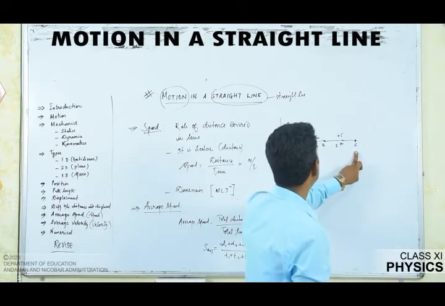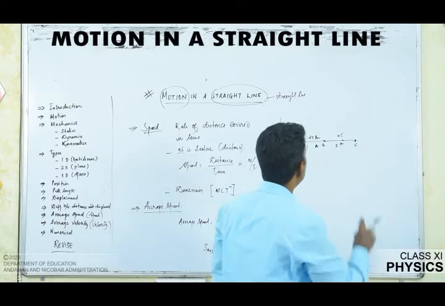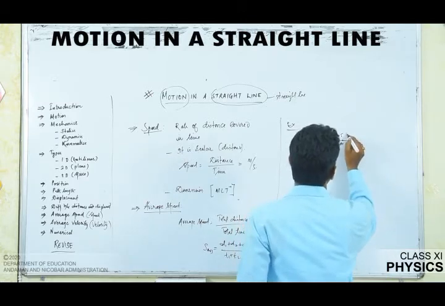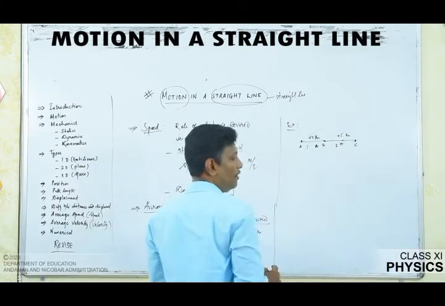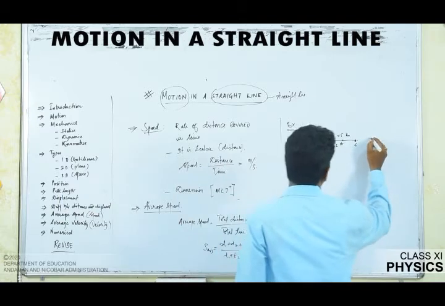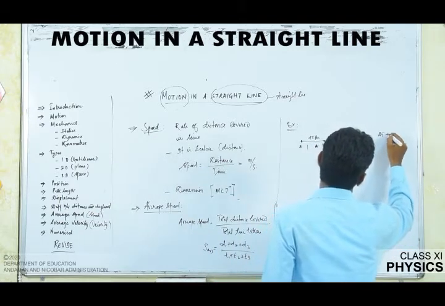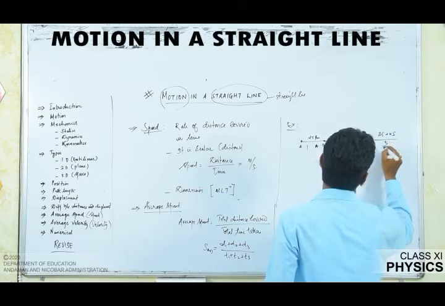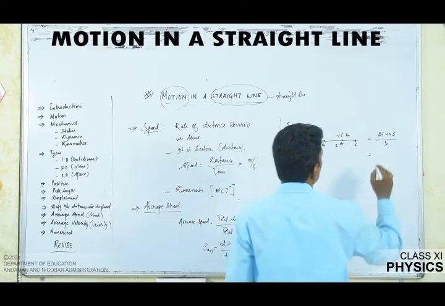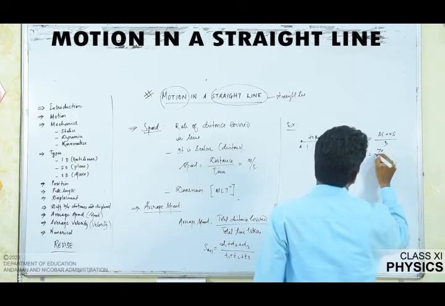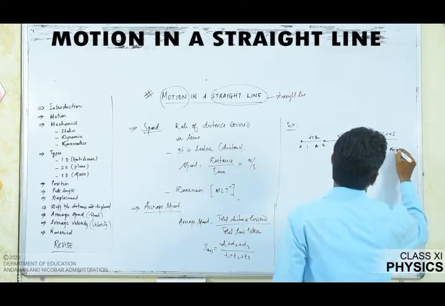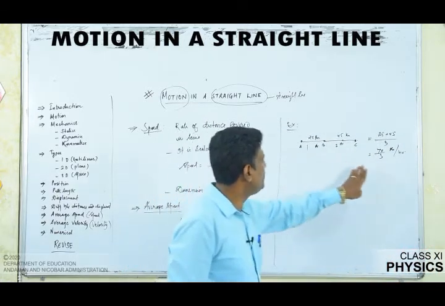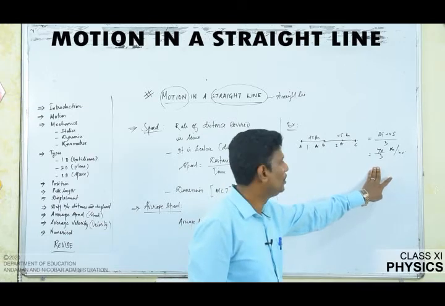Another leg takes 2 hours for 45 kilometer. Then what will be the total distance covered? The total distance covered is 25 plus 45. The total time taken is 1 plus 2, 3 hours. So, 70 by 3 kilometer per hour. So, the speed of the object is 70 by 3 kilometer per hour.